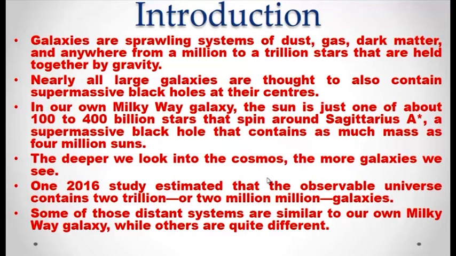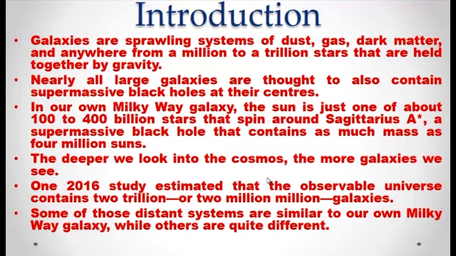The deeper we look into the cosmos, the more galaxies we can see. One 2016 study estimated that the observable universe contains 2 trillion galaxies. Here they are talking about the observable universe.